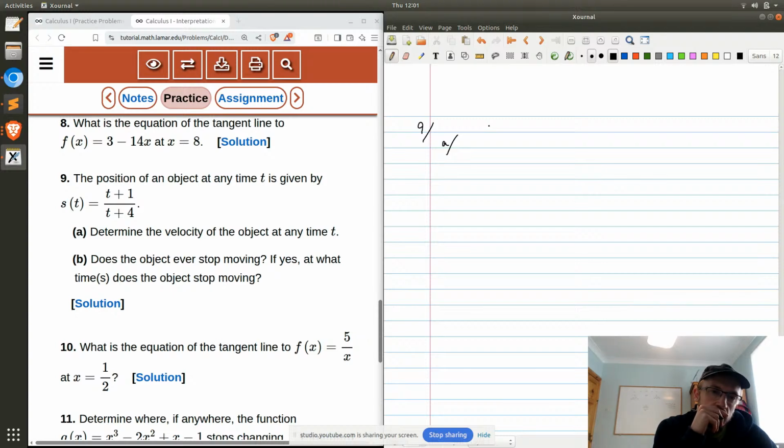But they wouldn't ask that, would they? Are they really asking me to take a derivative of this using the quotient rule? But we haven't moved on to that yet.